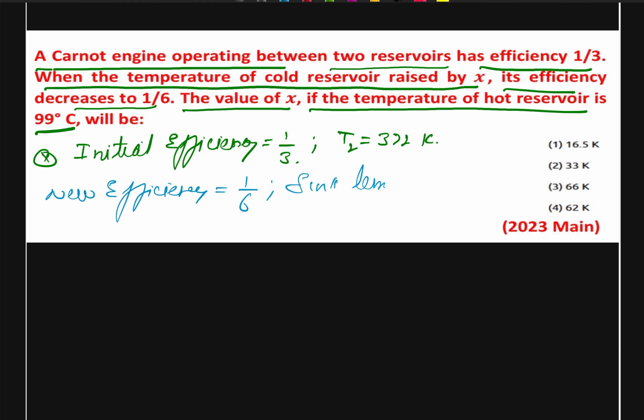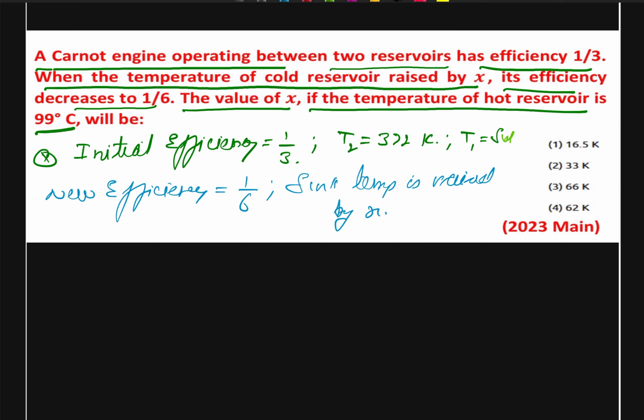So for the initial efficiency, the temperature of the reservoir is T2, and the temperature of our sink is T1.